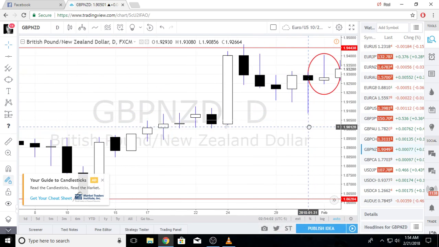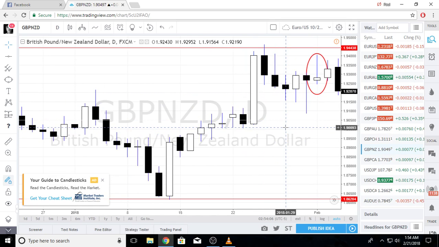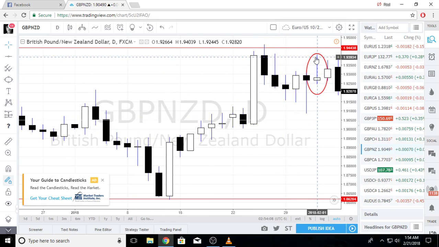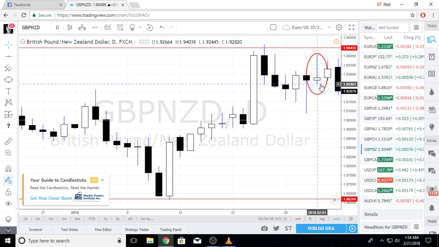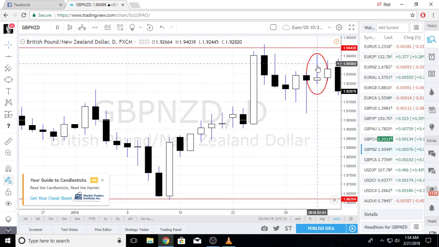I know that's kind of unnecessary, but this right here is a pin bar. It's kind of hard to see. You see how there's this long wick, this long pin? It's the wick of the candle, and then you have a tiny little body and then a tiny little tail right here. That means that price went up and then shot back down before closing for the day.